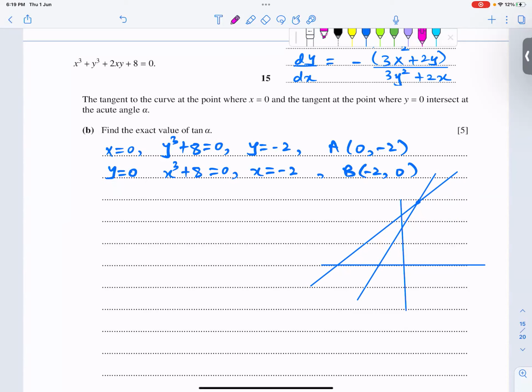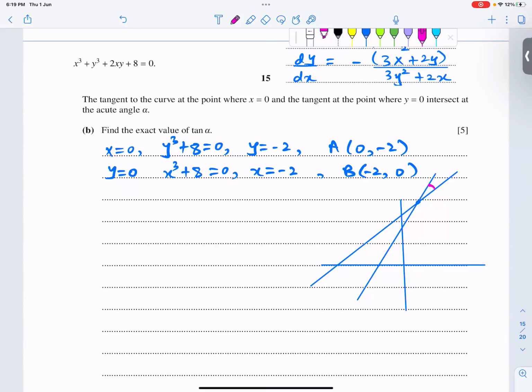We need the angle between the two tangents. We are not interested in the graph of the equation, just in the tangents.